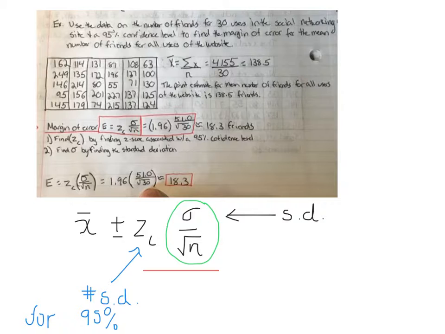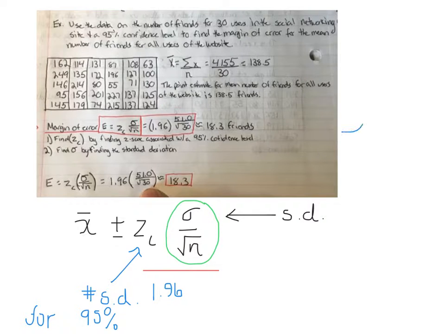So here we have a set of 30 individuals that use this social networking website, and we want to determine the margin of error. So the first thing we have to recognize is that if we go to our table of critical values for the normal curve, we see that for 95% confidence, we have to go about 1.96 standard deviations out in both directions of the center, both below and above, to capture the middle 95%.